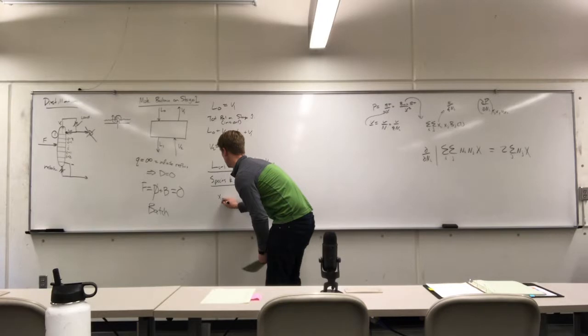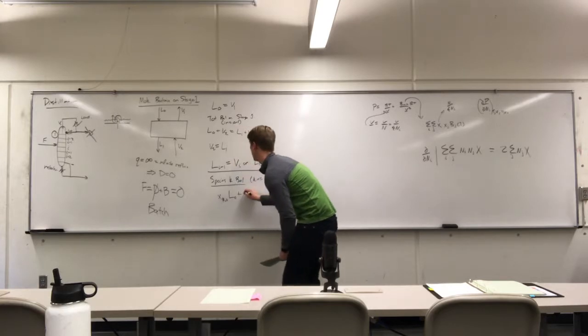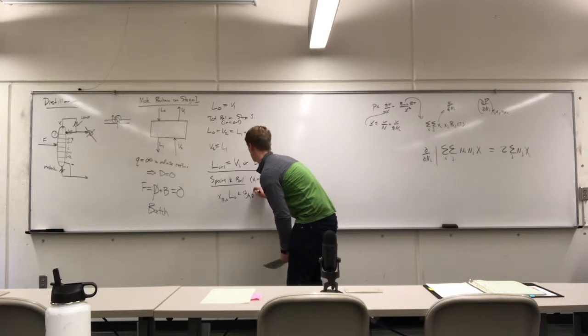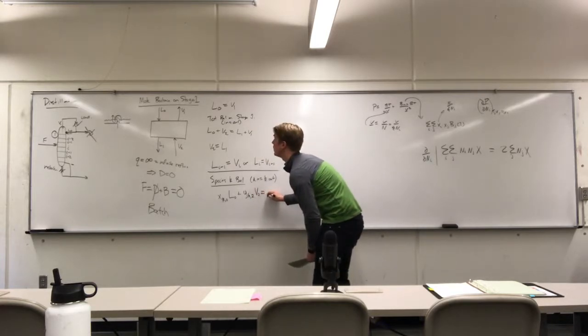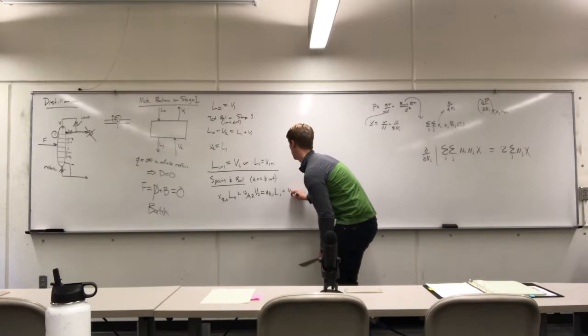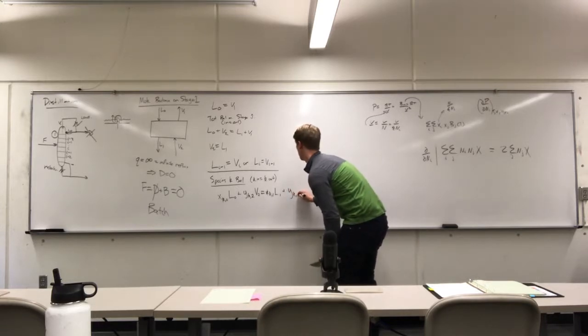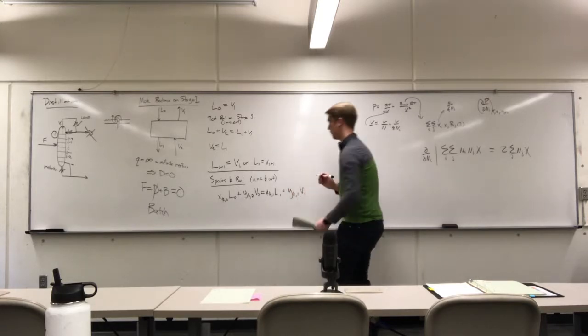X, K, 0 times L, 0, plus Y, K, stream 2, vapor 2, is equal to leaving the system X, K, 1, L1 plus Y, K, 1, V1.